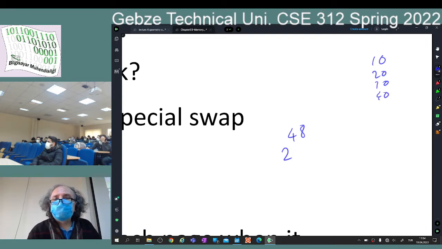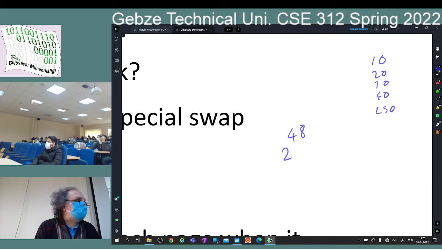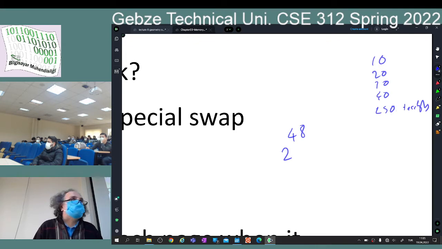So it is about 256,000 terabytes of virtual address space.